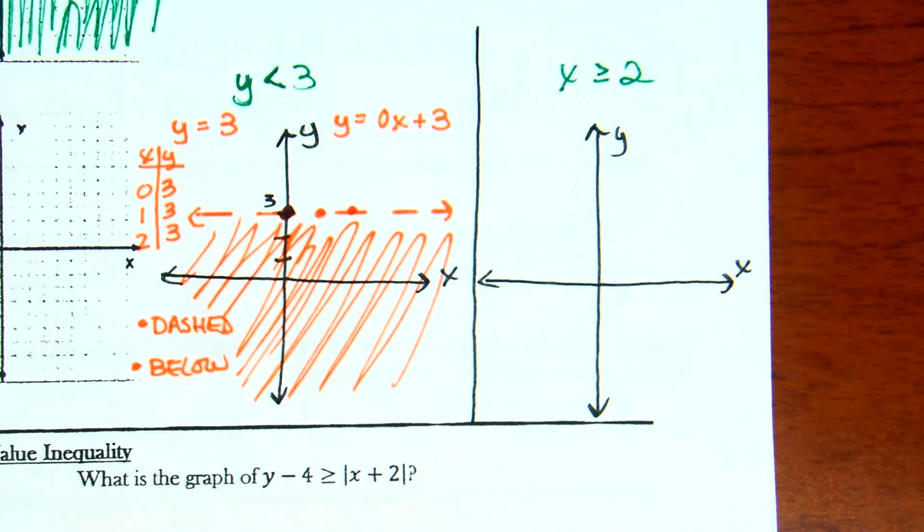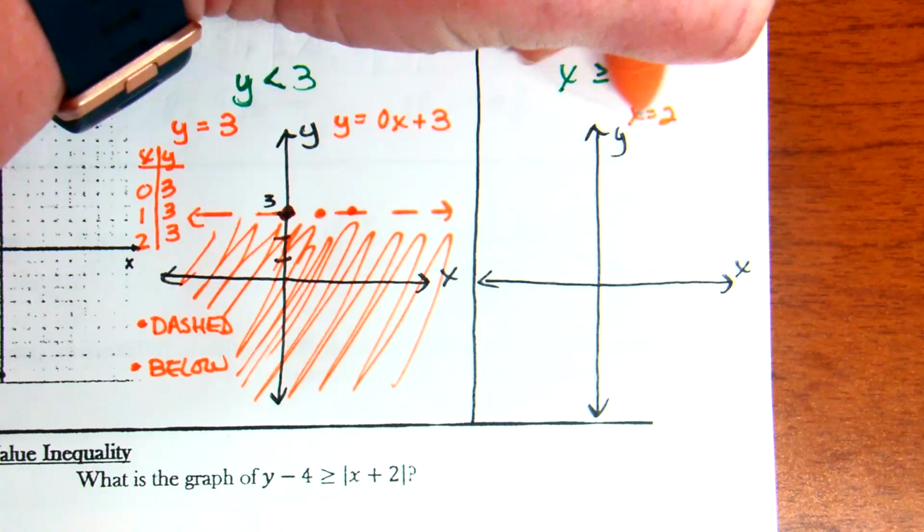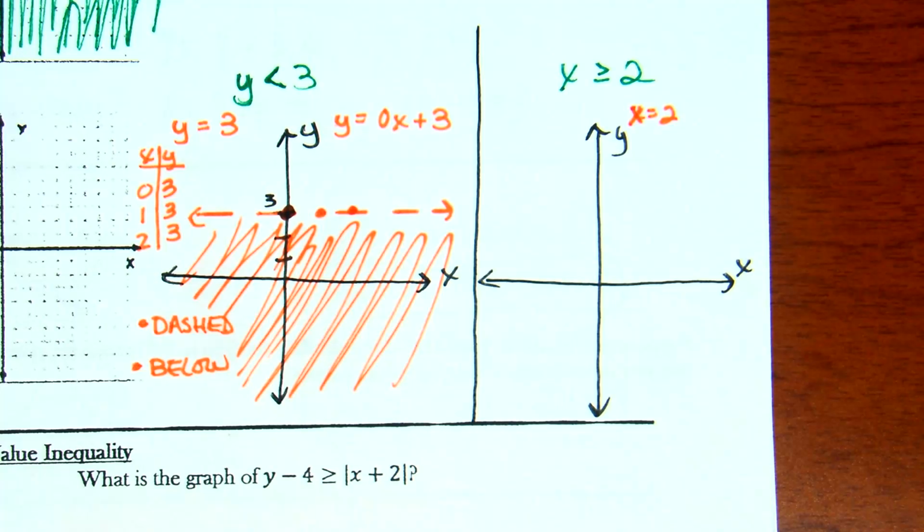Now, don't think about the greater than or equal to for a moment. Just think about the fact that this is x equals 2. Thoughts on this one? You go right 2 on your x-axis. If it says x equals 2, we have to cross the x-axis at 2. Kylie? It's just a vertical line this time.